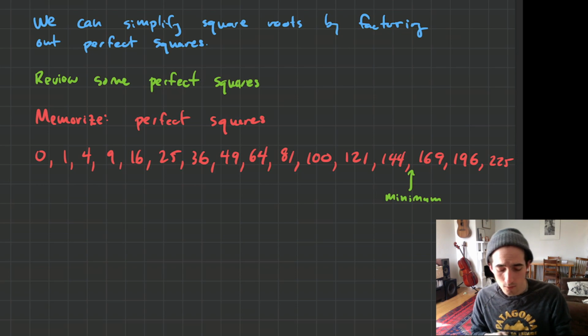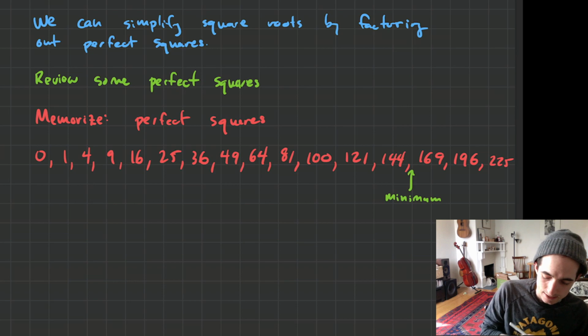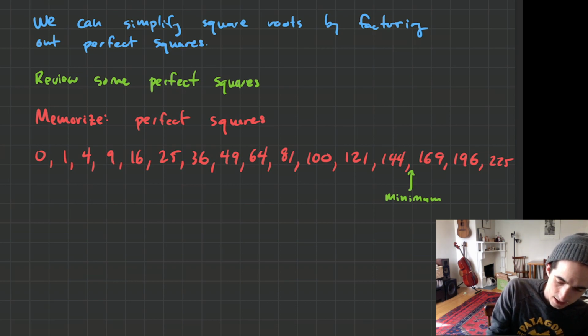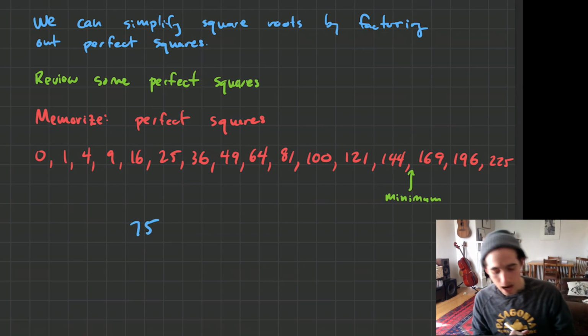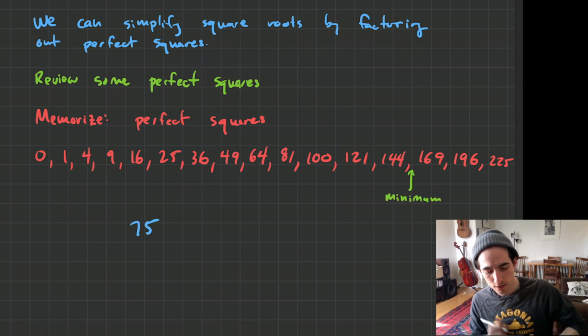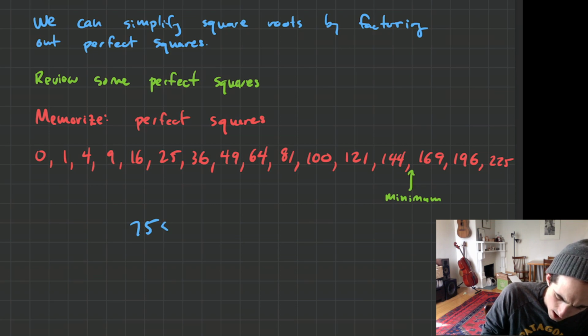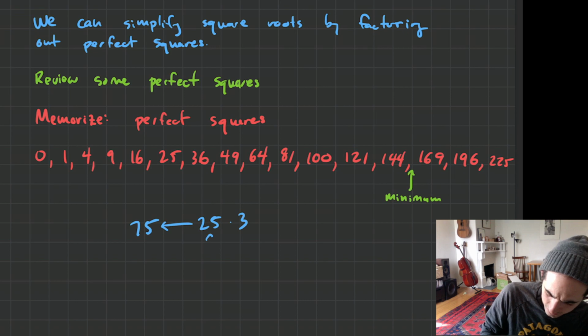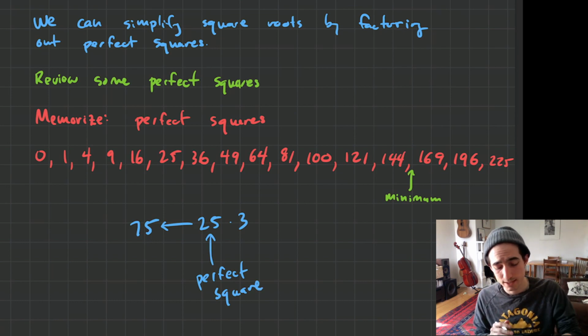I need you to know that these are perfect squares, and to be so familiar with this list that if I had a number like 75, you'd say, oh, I know 75, that's 25 times 3, and 25 is a perfect square. That's how familiar with these I need you to be.